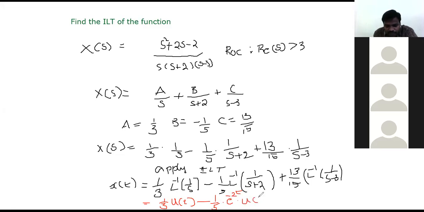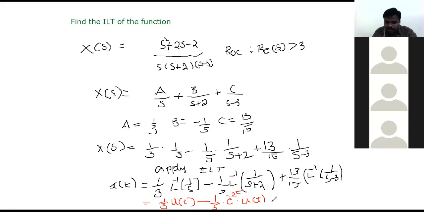See, at the time of determining the Laplace transform, I told you the importance of determining the Laplace transforms of standard functions. If you know the Laplace transform for those standard functions, obviously you can directly substitute whenever you get these types of problems. So inverse Laplace transforms are very, very important. While doing the inverse Laplace transforms, you require the knowledge of the Laplace transform of the original functions.